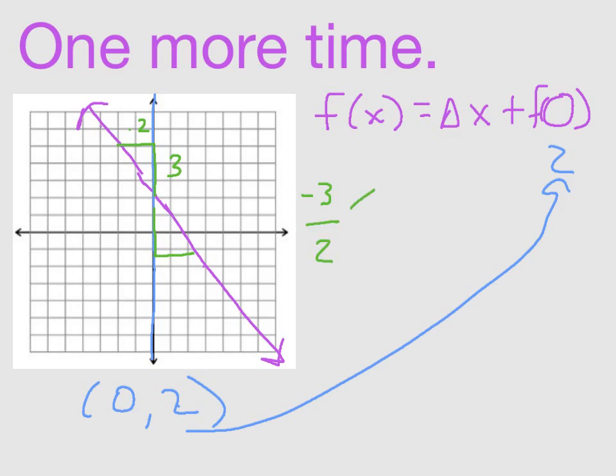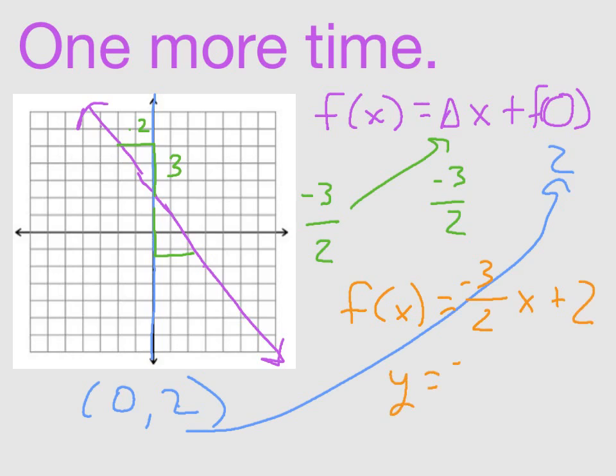That becomes my delta at -3/2. Now I'll finish the entire equation to read f of x is equal to -3/2 x plus 2. We could also change this to say y equals -3/2 x plus 2.